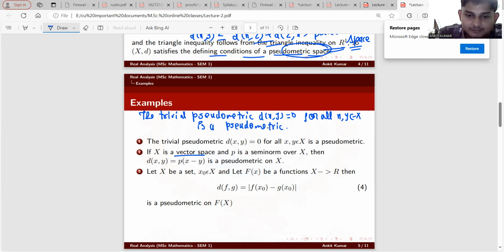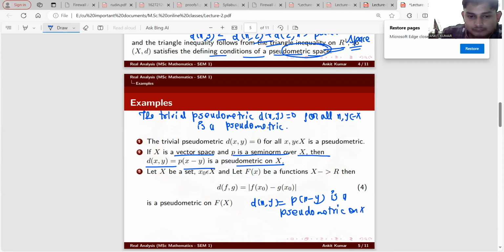If capital X is a vector space and p is a semi-norm over capital X, then d of x comma y is equal to p of x minus y is a pseudo-metric on capital X. Okay. So if you define d of x comma y is equal to p of x minus y, it is a pseudo-metric on capital X. Suppose that this is norm of x minus y.